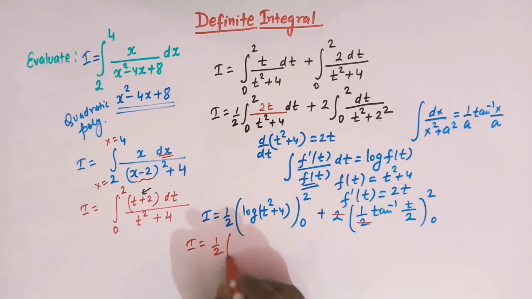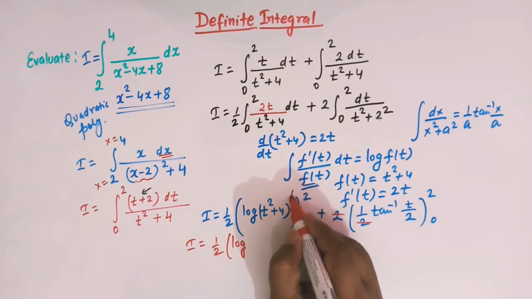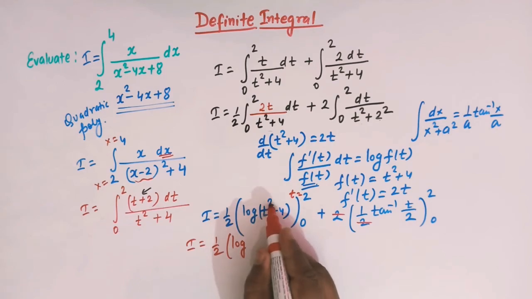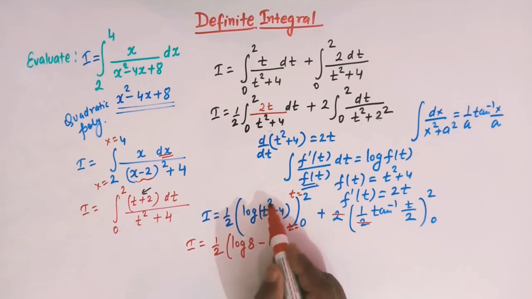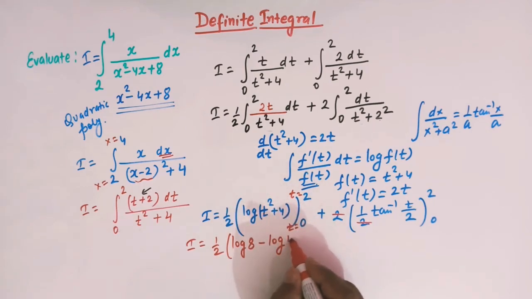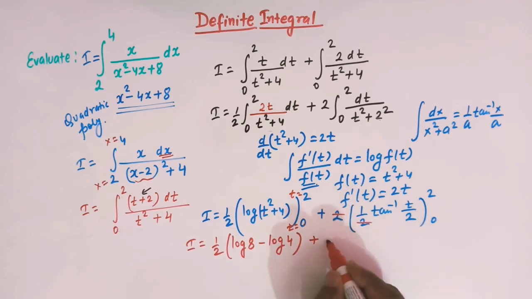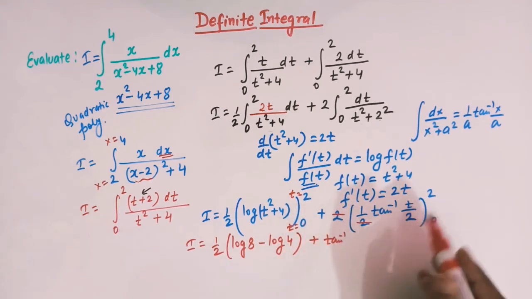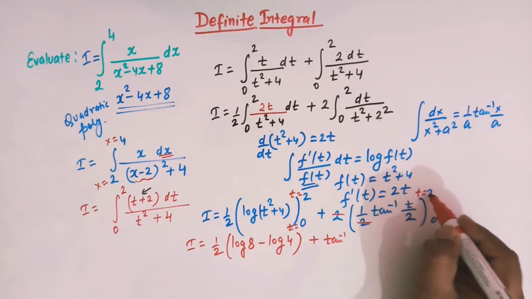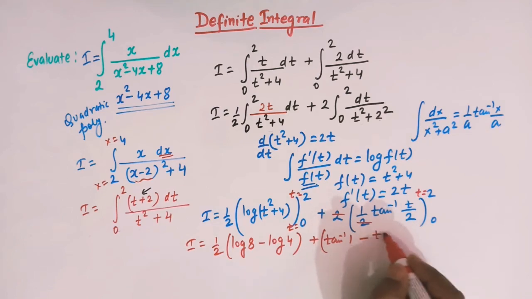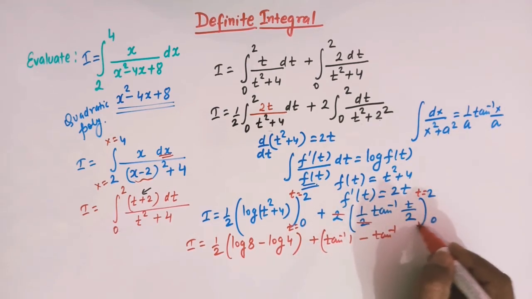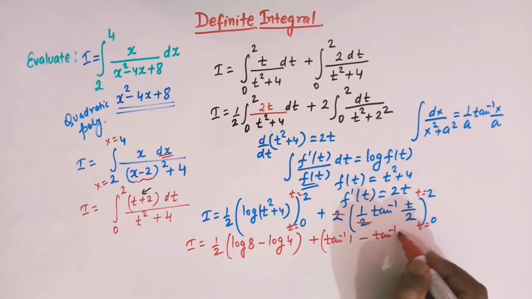Now we can simply substitute the limits and take the difference. The first one is t equal to 2, so 2 square is 4, 4 plus 4 is 8, minus log of, for t equal to 0, 0 square plus 4 is 4. And for tan inverse, when t is 2, this is 2 over 2, that is 1, minus tan inverse of 0 over 2, which is 0.